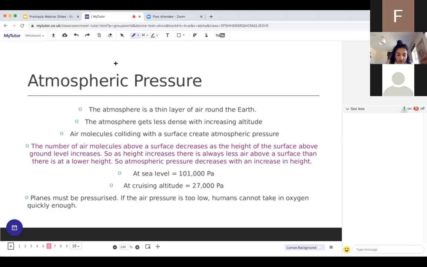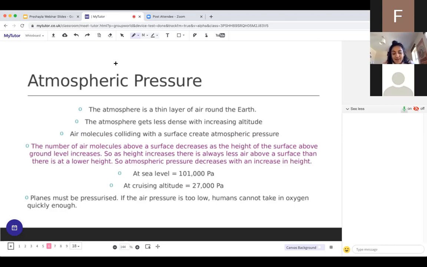Now, the atmosphere gets less dense with increasing altitude. What we mean by altitude is how high up we are.